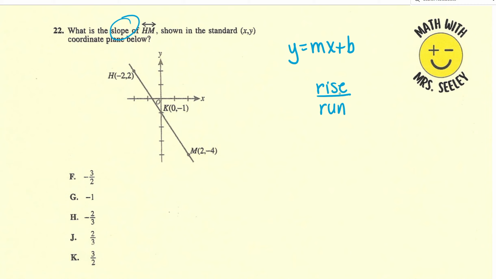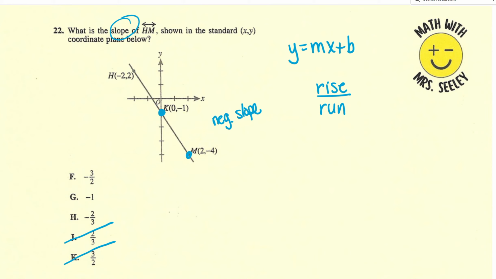But for me, my mind wants to just count rise over run. Remember that you rise out of bed and then you run to start your day. But in this question, we did not rise out of bed. We fell out of bed and then we ran to start our day. So this is a negative slope because you're skiing downhill. So I already know it has to be negative.